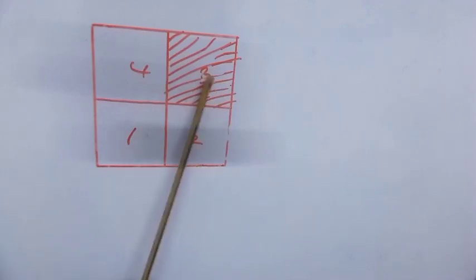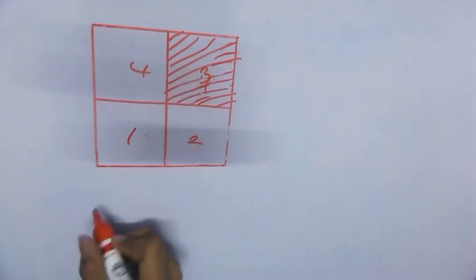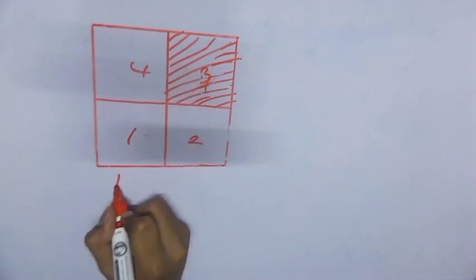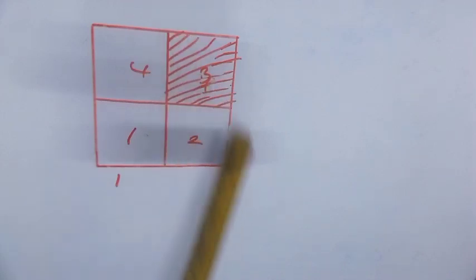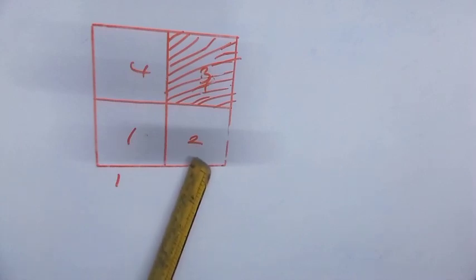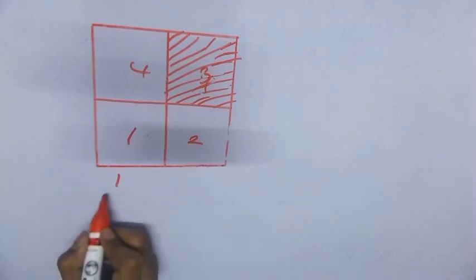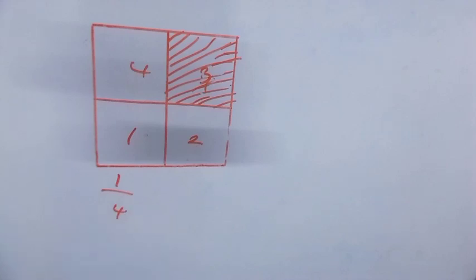So this one is special. What is its value? 1. The value of it is 1, and the total number of 1s present in this diagram is 1, 2, 3, 4. So 4 will be the denominator and 1 will be the numerator.